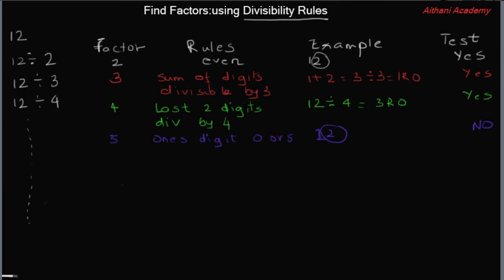Let's take the next number, 6. 6 is a factor of a number if it is divisible by 2 and 3. So is it divisible by 2 and 3? We saw that yes, it is divisible by 2 and 3. So yes, 6 is a factor of 12.